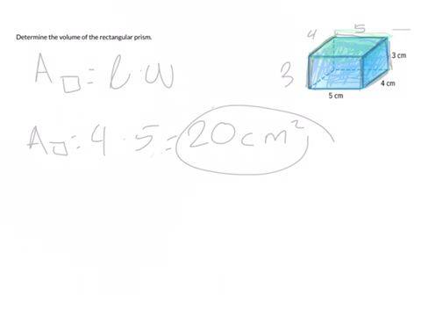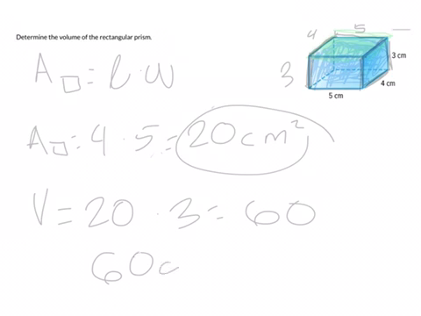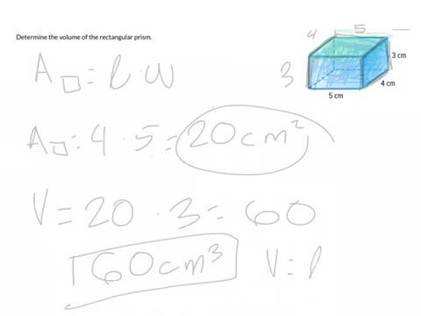The volume is 20 times 3, which is 60. When it comes to volume, we represent it as 60 centimeters cubed. And there it is. That's how much water, or whatever it is, I can fit into this shape. We can also summarize that to be: the volume is equal to the length times the width times the height.